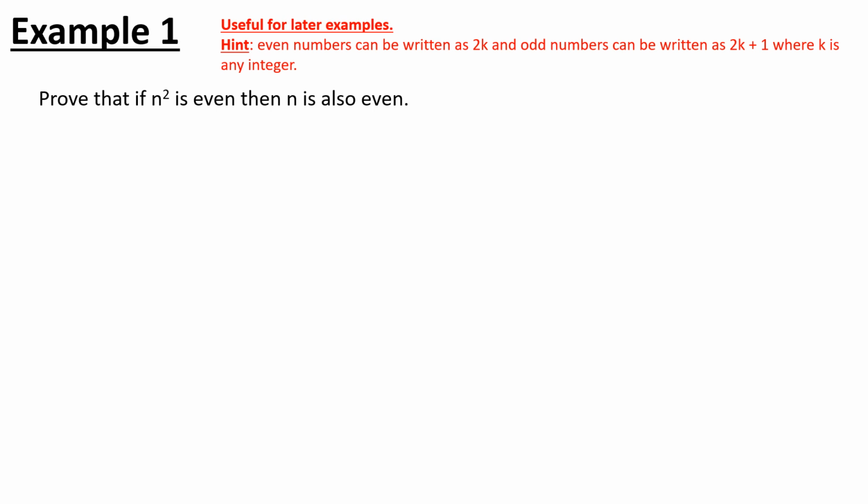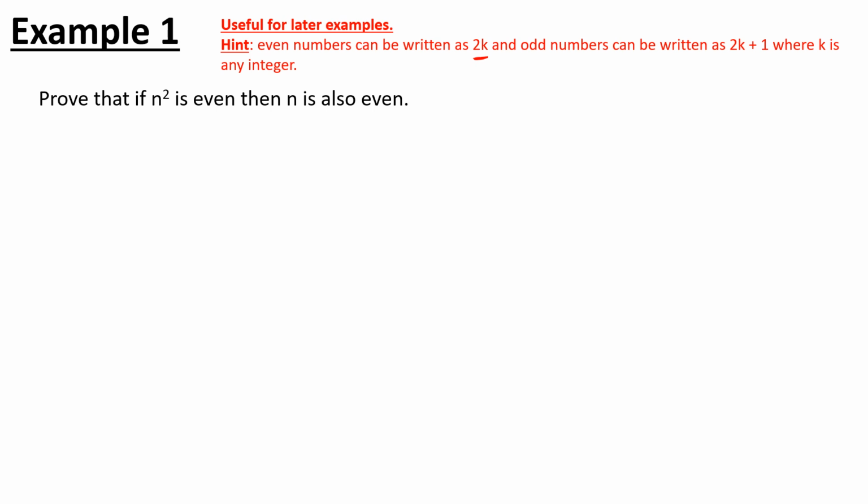This question is talking about even and odd numbers. So remember from Unit 1, if something is even, then it can be written as 2k, because if you multiply anything by 2, then you get an even number. You don't have to use k, it's just a commonly used letter.